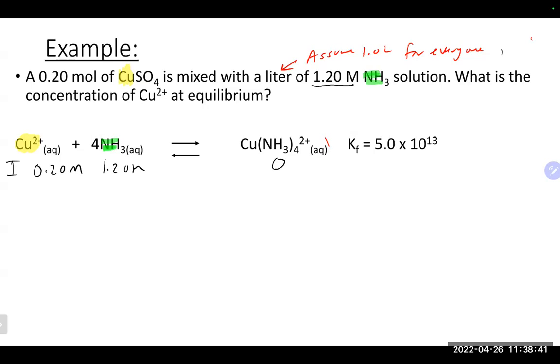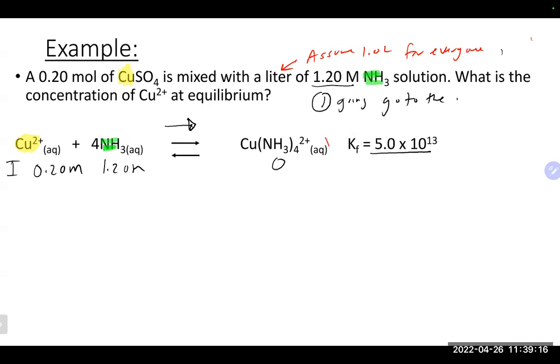Now, this is where the first assumption that we make in these types of problems comes into play. As we talked about, our K value is relatively large, which means we should really have products at equilibrium. Although it is a reversible reaction, for the first part of the calculation we're going to assume that it goes 100% to the product side.